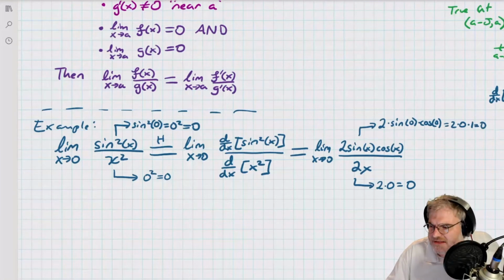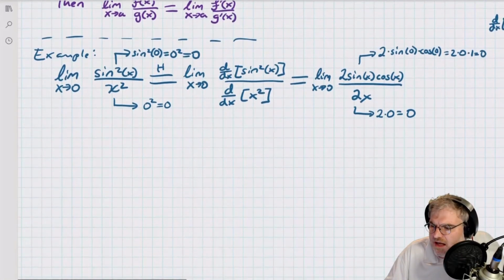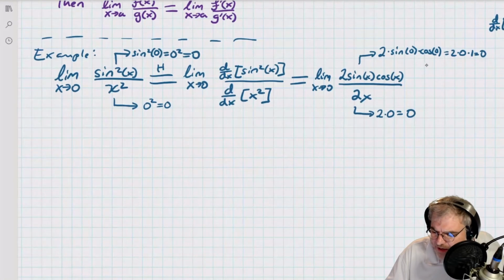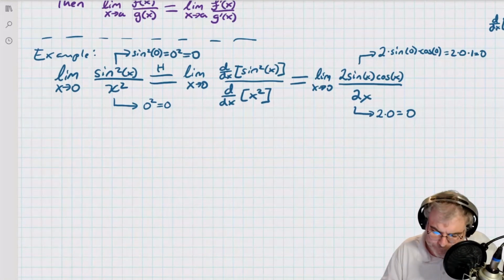So I've still got things that I can't deal with. But here you can actually see, right? I've got 0 over 0. But now I just apply it recursively. So now I just go again.